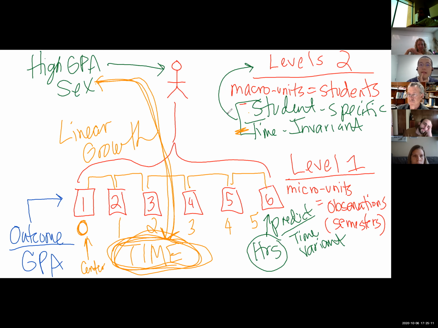Can you do this with an ANOVA? Kind of, but it doesn't do it right. Mixed ANOVA tries to do this by what's called pseudo replication, but this is a better way to do it.